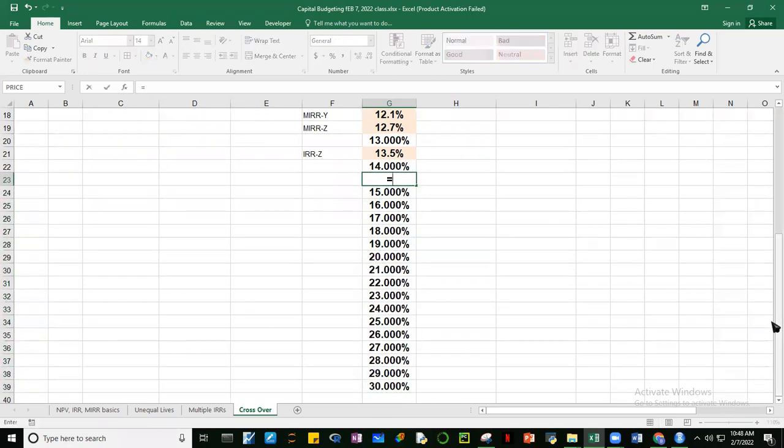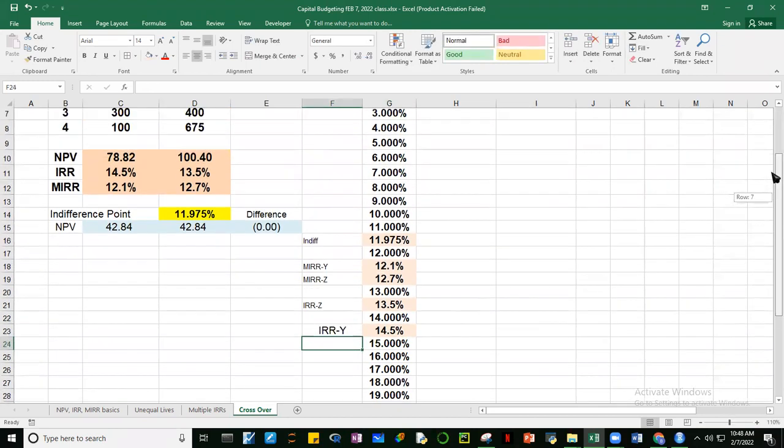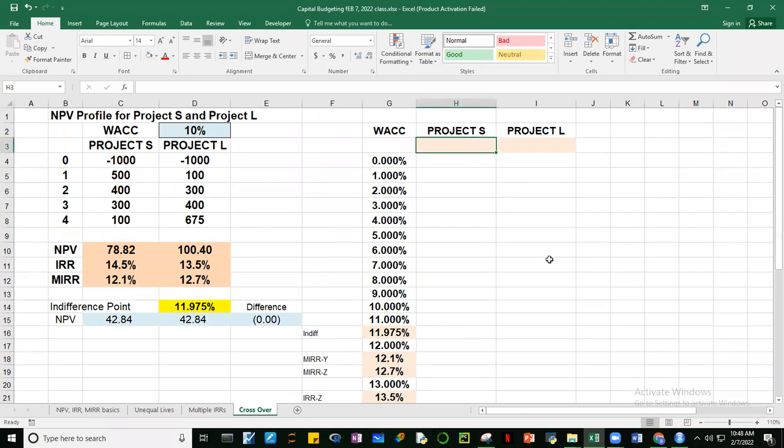Tapusin ko lang itong pag-record nito. 14.5% there. This is the IRR of Y. Okay. All right. Then we're now ready to, is equal to kunin natin project S dito. Link natin dito. Project L, link natin dito. Okay, we're now ready to ask Excel to fill this up.